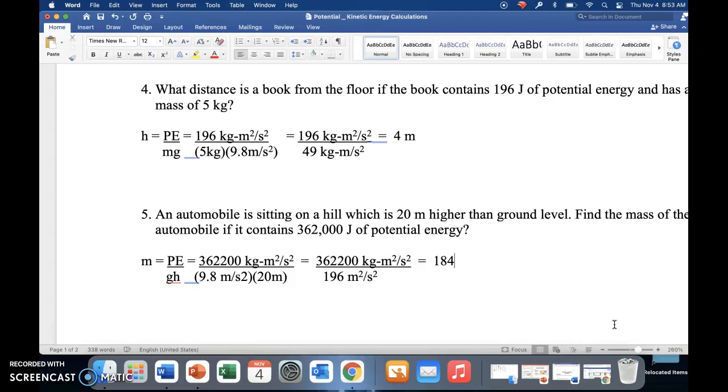So if I actually round that appropriately, I'm basically going to get 1,848 as my answer. And then if I look at my units, meter squared second squared, meter second squared, they cancel out. I'm left with kilograms.